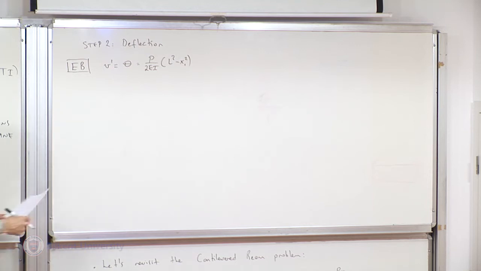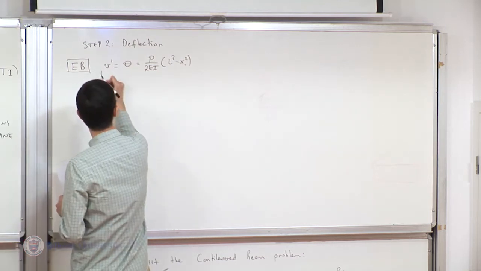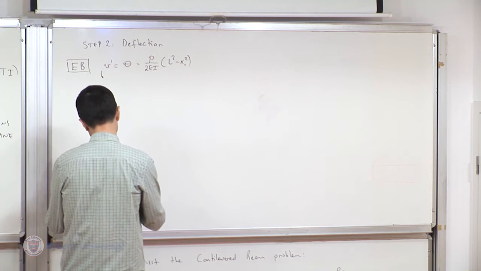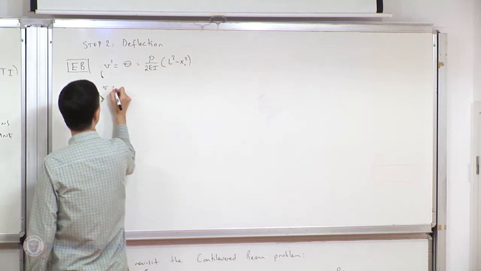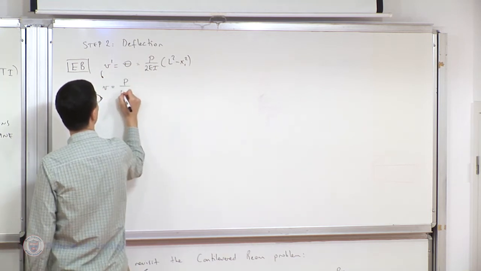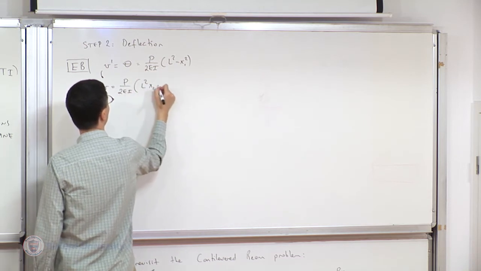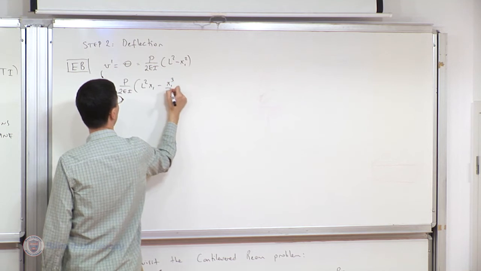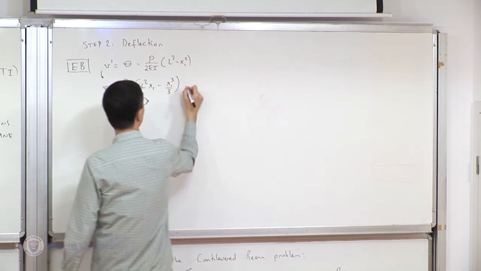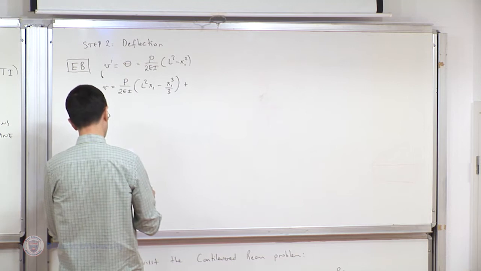So now I can integrate towards V. So V is equal to P over 2 EI times L squared x1 minus x1 cubed over 3 plus a constant, let's call it C2.